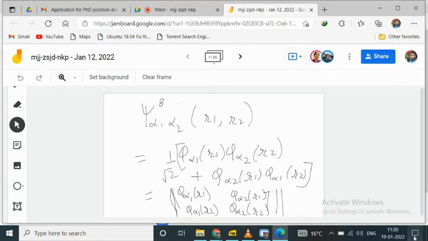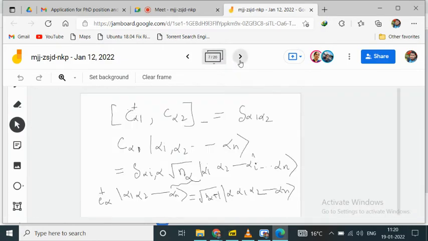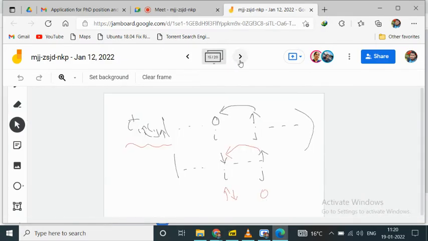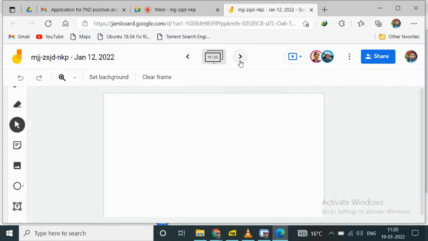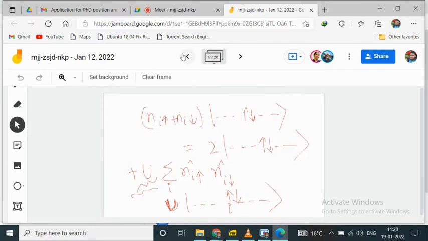So are you able to see the Jamboard from the last class? This is what you are telling, Saujanya, right? This is the kinetic energy term written in a discrete sense on a lattice, minus t c dagger i sigma c j sigma. Okay, so what is sigma?